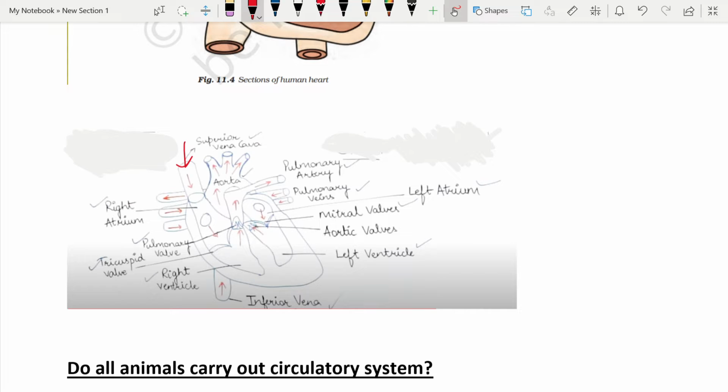Then we have got another thing that it comes from here. Now from there it goes in and then it comes into the left ventricle, it passes the mitral valve, then it goes through the aortic valve and then goes out through the aorta. Okay? Hope you got that right. Let's move on.